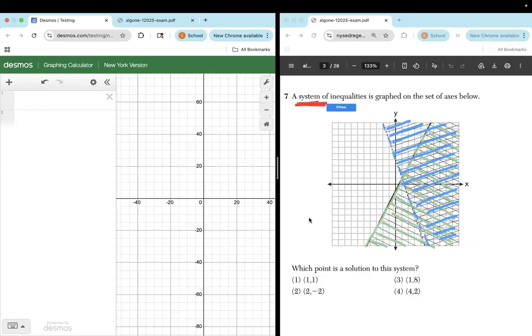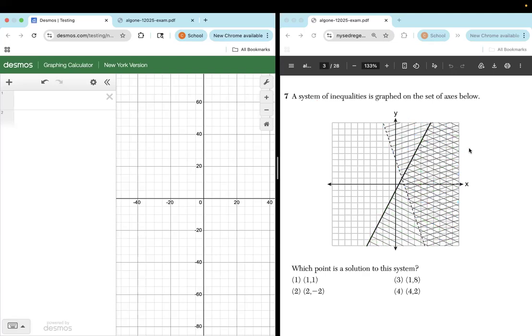And the solution area for a system of inequalities is where both of them are shaded at the same time, because it has to satisfy both inequalities in the system. So we basically want to pick any point that's in this double shaded area where I can see both of the colors overlapping. So I'm going to clear it off so we could see it a little more clearly, but I'm looking for points that are in the double shaded area.